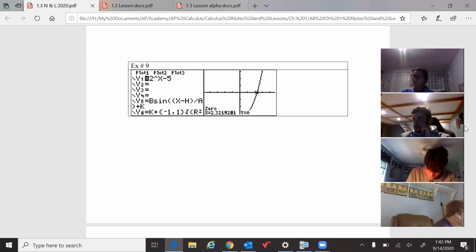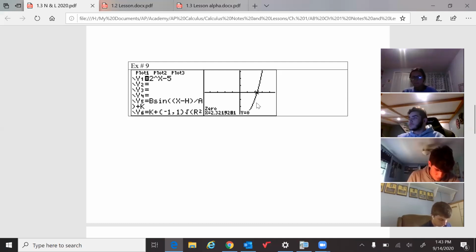So you go to y equals, type that in y1, and push zoom 4. And you're going to get this picture. They want to know when the graph crosses the x-axis. So you're going to do second, trace, 0.